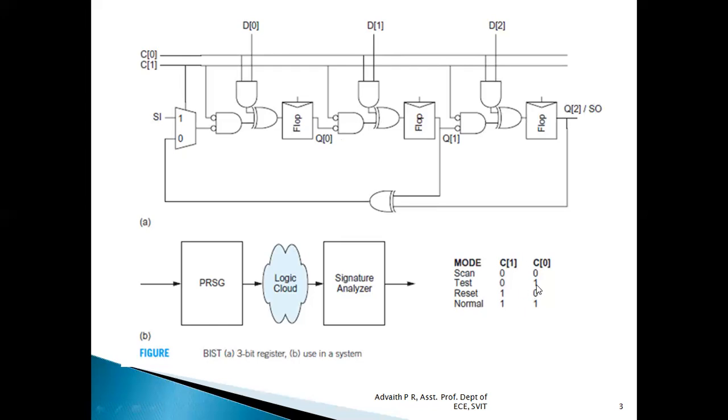So when C0 is 1 and C1 is 0, this entire circuit acts under test mode and starts to give out random sequences. If all the D inputs are held low, the Q outputs loop through a pseudo-random bit sequence. We have a loop here as well.